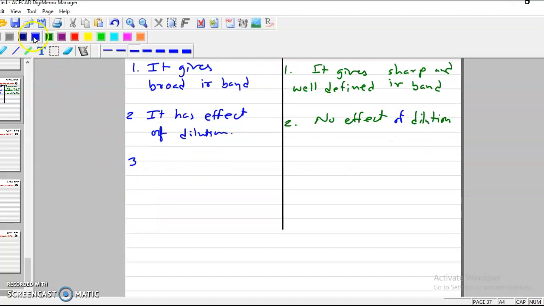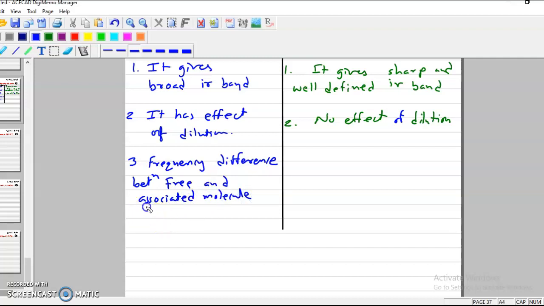Now we will see the third difference, that is the frequency difference between free and associated molecule. That means the one which is having hydrogen bond shows a remarkable change.